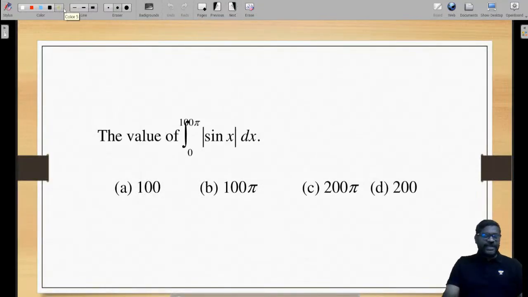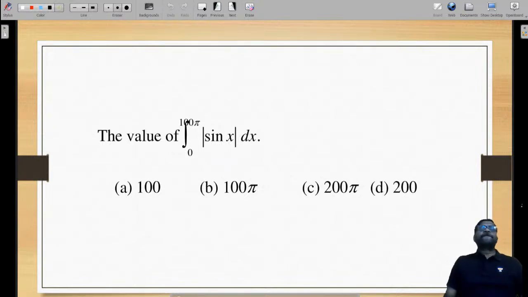Integral 0 to 100 pi modulus of sin x dx.